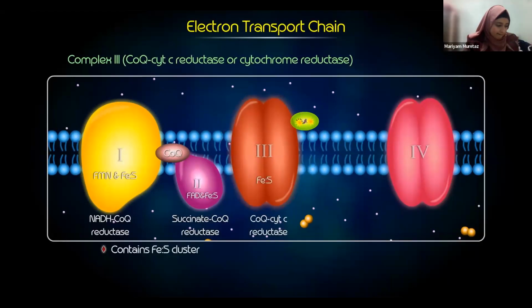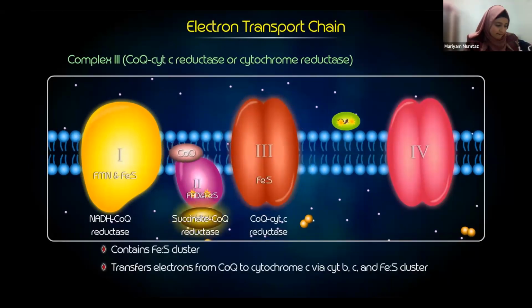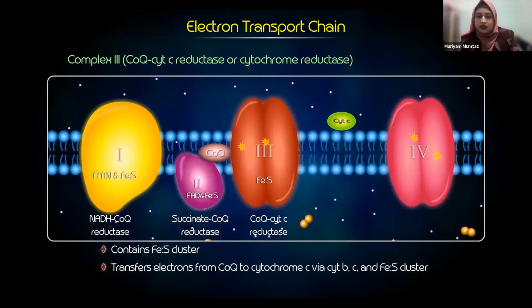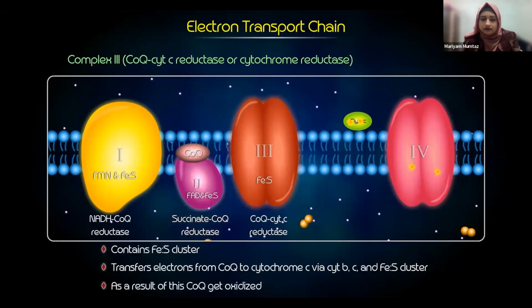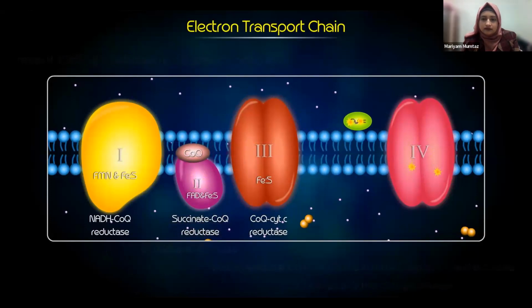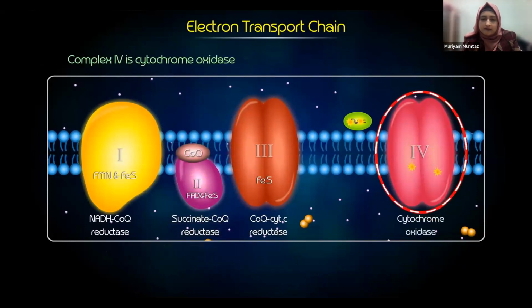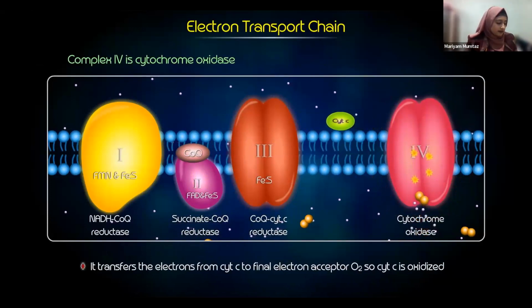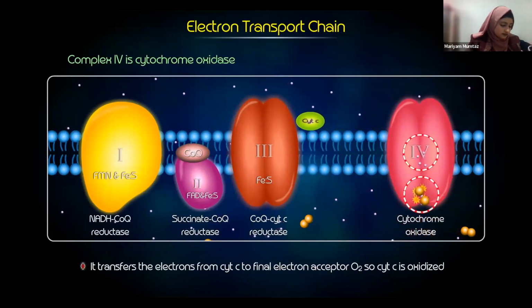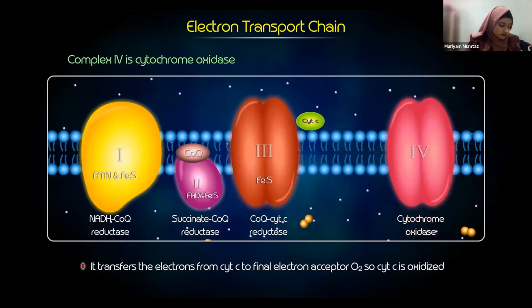It also contains iron sulfur cluster. Complex 3 transfers electrons from coenzyme Q to cytochrome C via cytochrome B, C, and iron sulfur cluster. As a result, coenzyme Q gets oxidized. Complex 4 is cytochrome oxidase. It transfers electrons from cytochrome C to the final electron acceptor, oxygen. Hence, cytochrome C is oxidized.